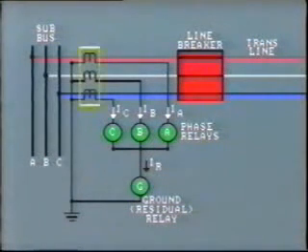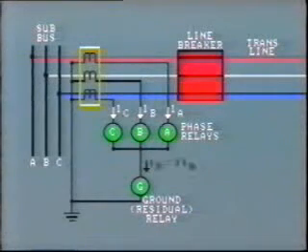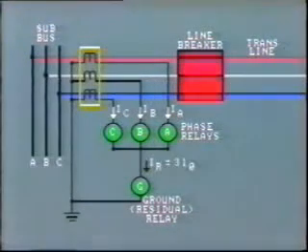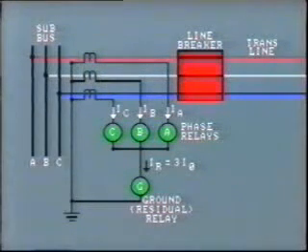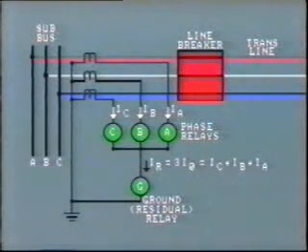Where CTs are Y-connected like this, we can conveniently measure residual current or 3I0 current in the neutral return circuit. These are the same CTs that provide input to the protective relays for line protection. As you know, the residual current, IR, is the phasor sum of the three-phase currents.